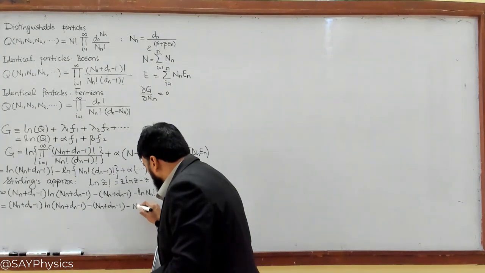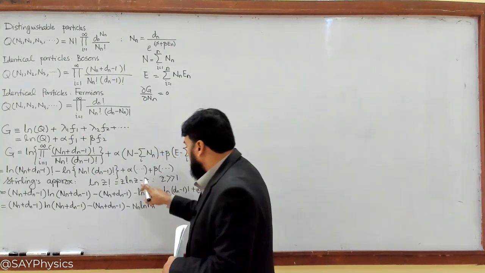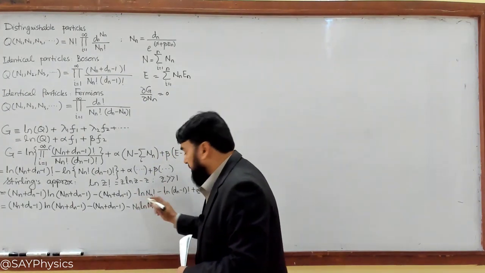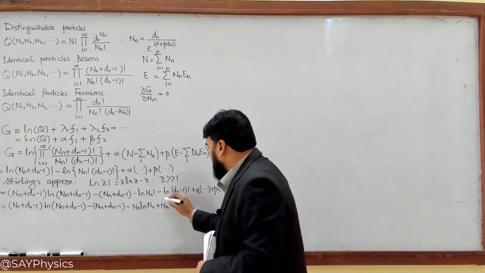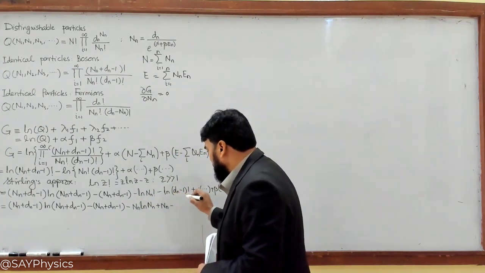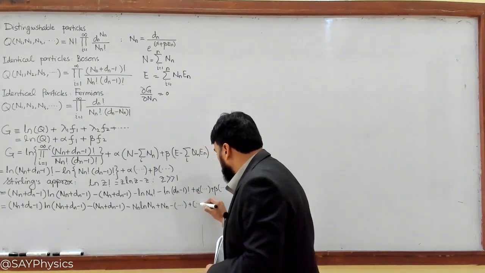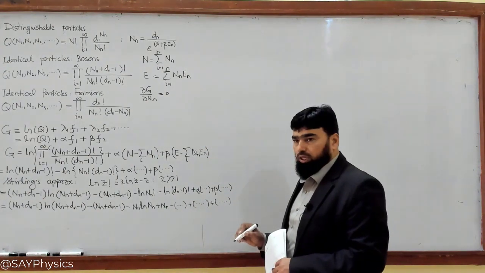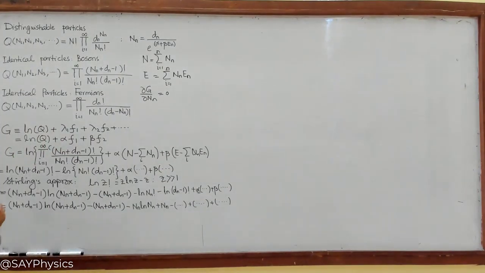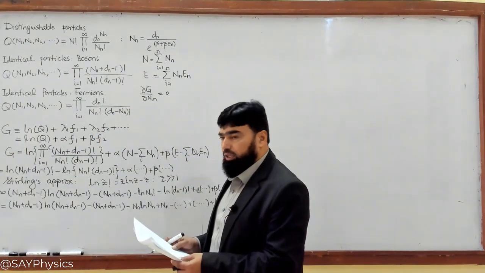It will be nn log of nn, and then minus, and this minus with this minus will become plus nn here. And minus this term will come as it is, plus this term, and plus this term. They will come as it is. So I have just expanded this thing in terms of nn. Now I can apply the derivative.